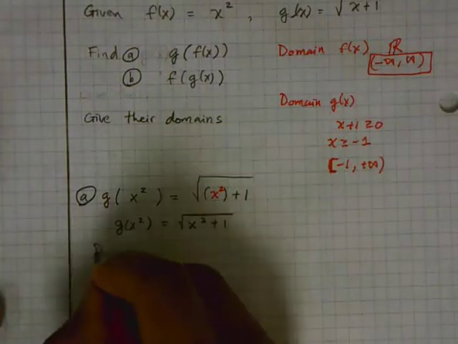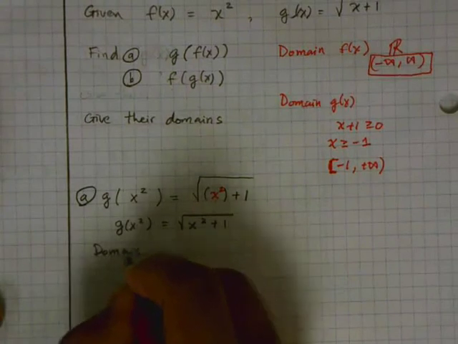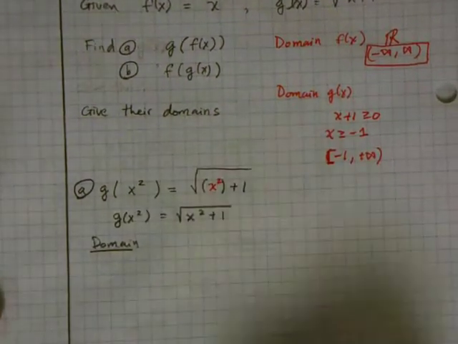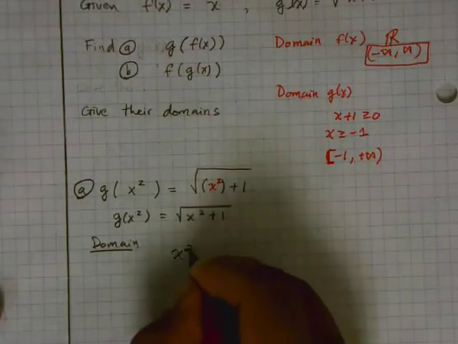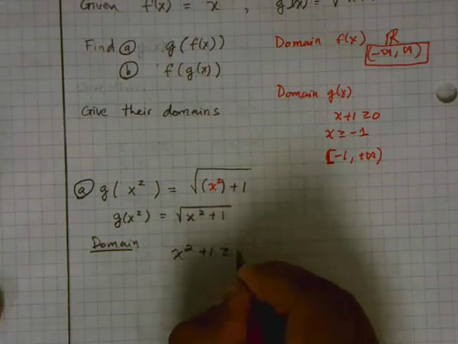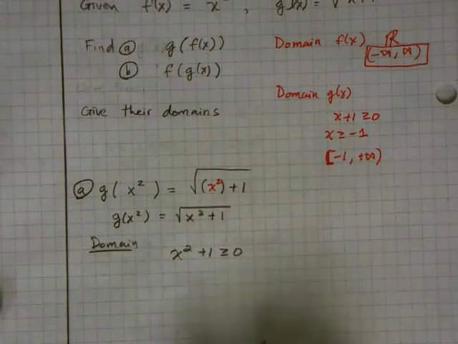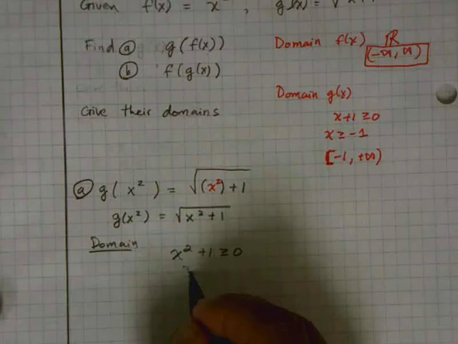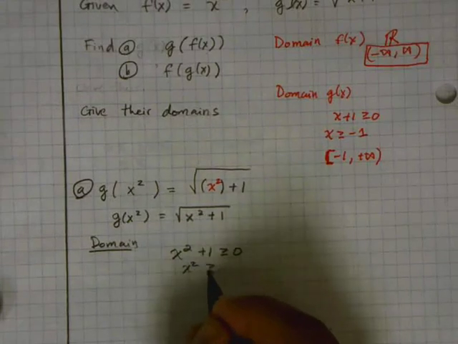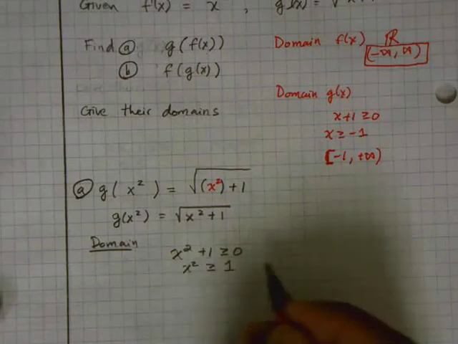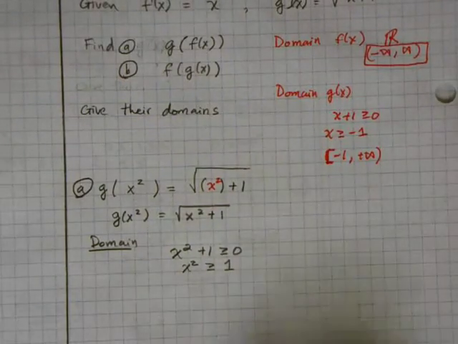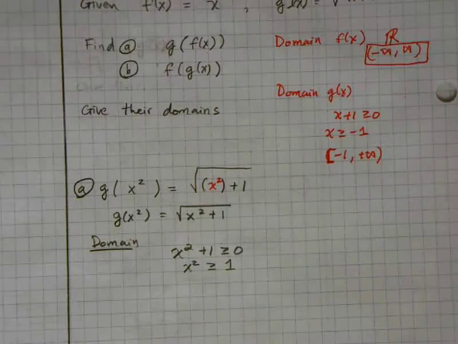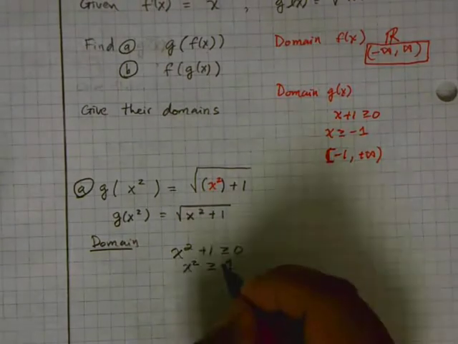And now I want to find the domain. So again, because I have the square root, whatever is inside it has to be greater than or equal to 0. Subtract 1 from both sides. Okay. I know that x squared can be any number that is greater than or equal to, oh, I'm sorry, greater than or equal to -1.